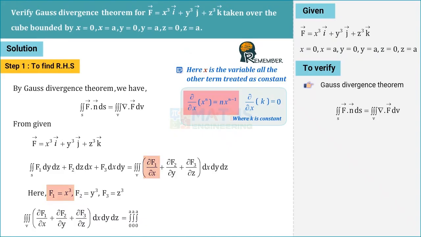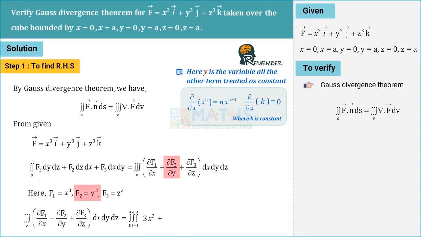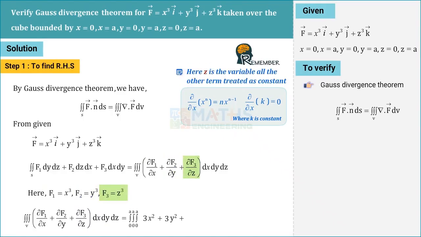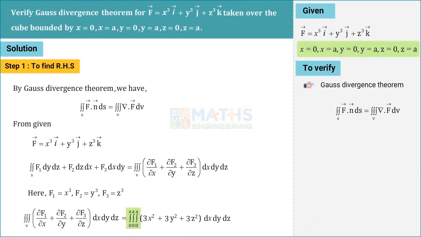What do we get? 3x square plus differentiation of F2 with respect to y, 3y square. Next, ∂F3 by ∂z, differentiation of F3 with respect to z. We get 3z square. We keep dx dy dz as it is. Here we are given the limits: x varies from 0 to a, y varies from 0 to a and z varies from 0 to a.